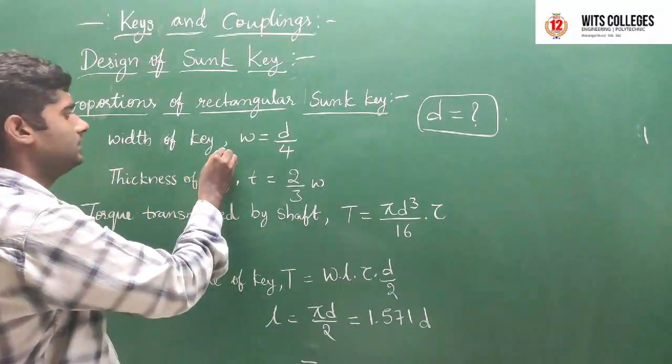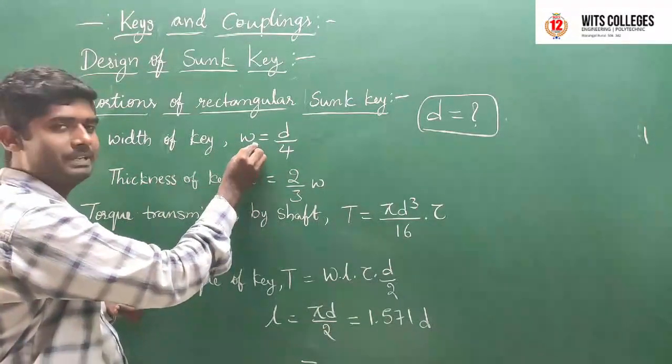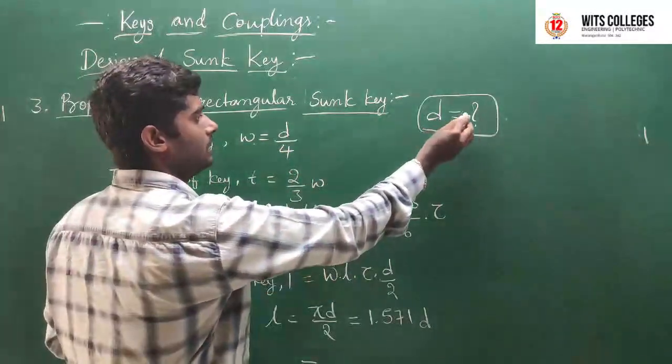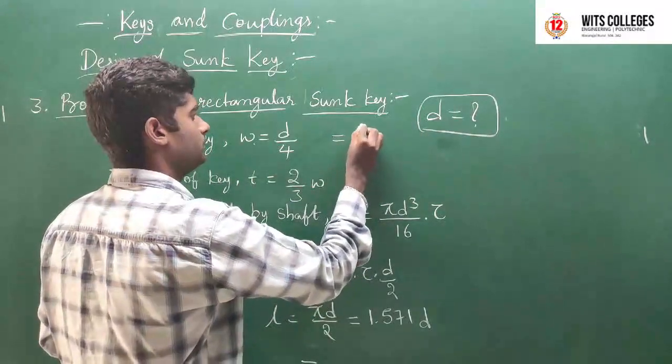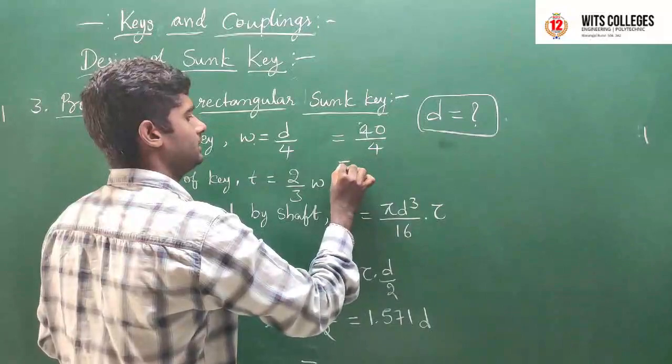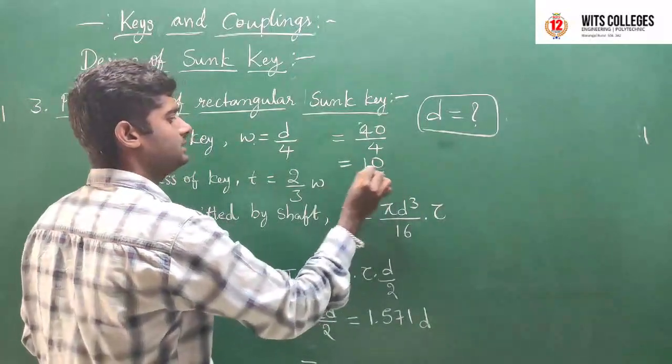Width of key is denoted by W is equal to D by 4. If D is equal to 40, then substitute 40 by 4. The answer is 10. Width is 10.